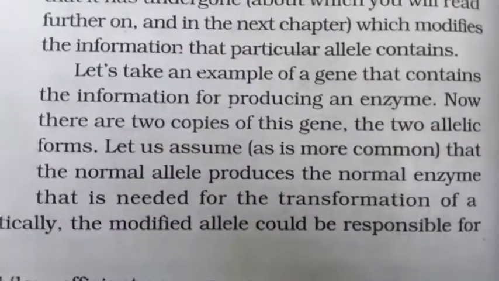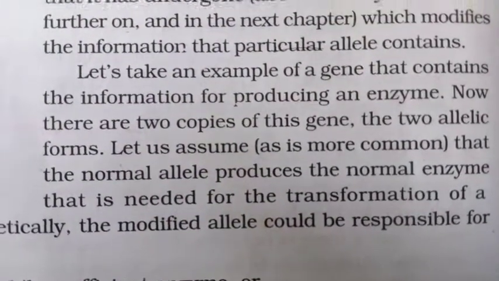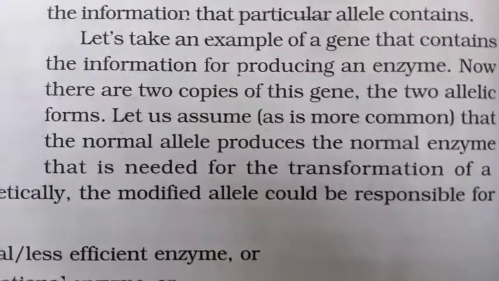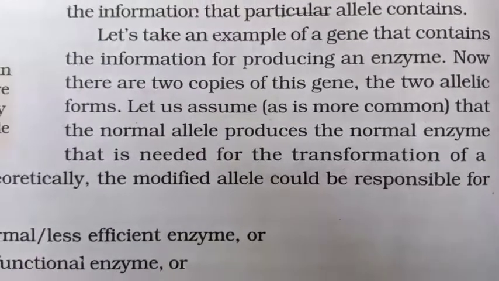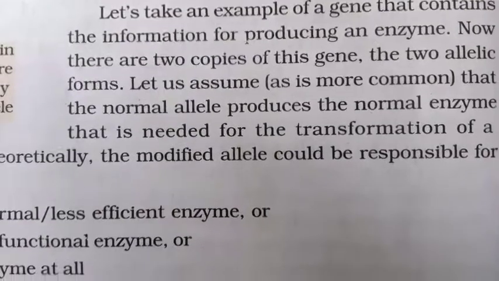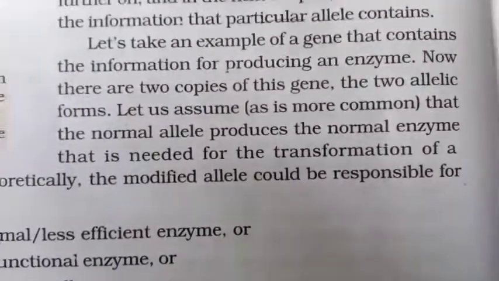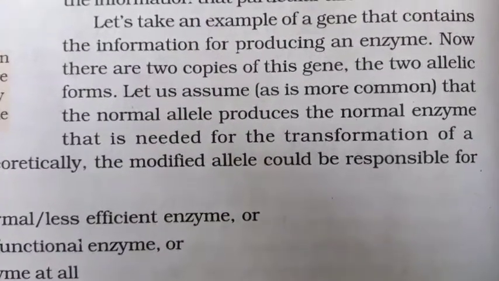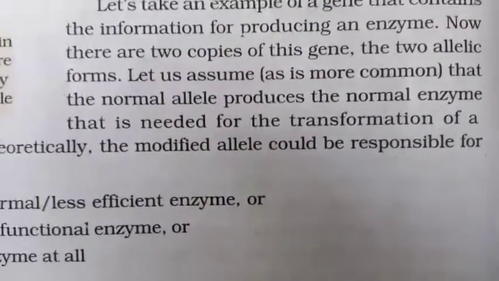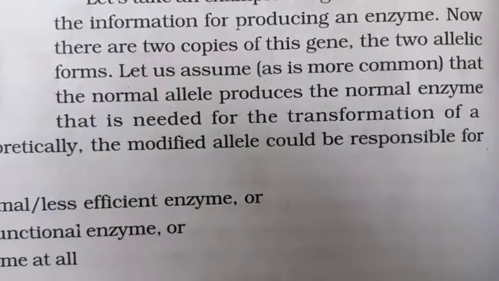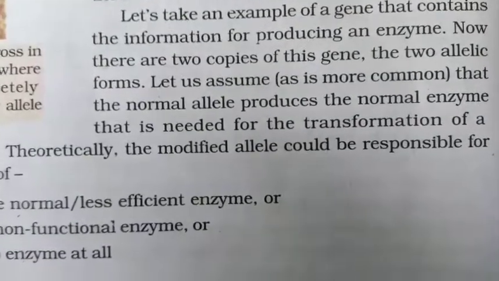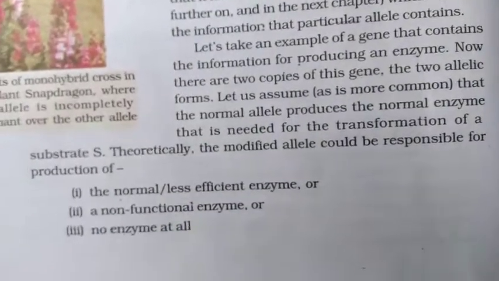Let us take an example of a gene that contains the information for producing an enzyme. There are two copies of this gene, the two allelic forms. Let us assume that the normal allele produces the normal enzyme that is needed for the transformation of the substrate.